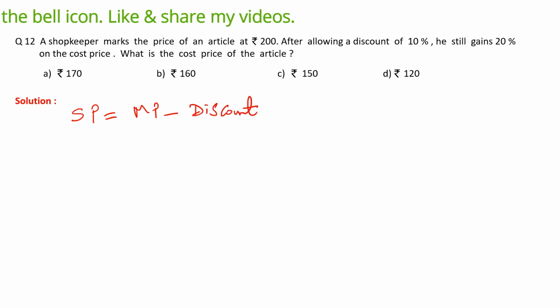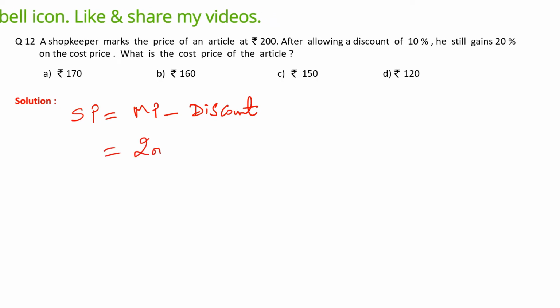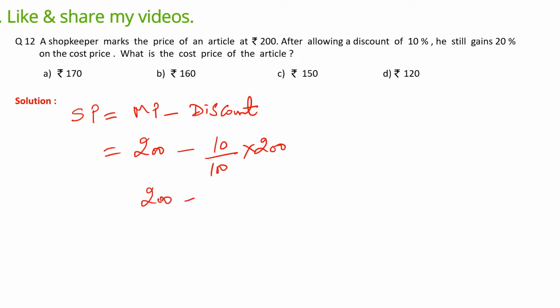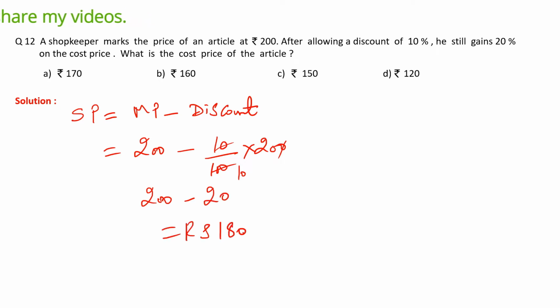Right? Now in this case, marked price is given to be rupees 200. So 200 minus 10% of 200, that finally comes as 200 minus 20. Fine. So this becomes rupees 180.